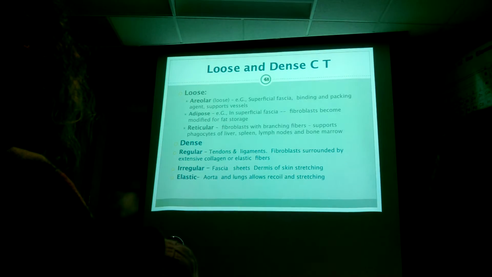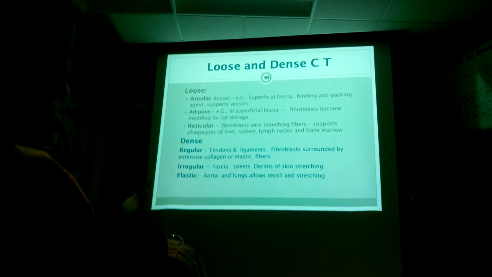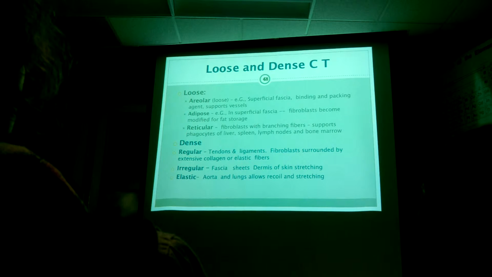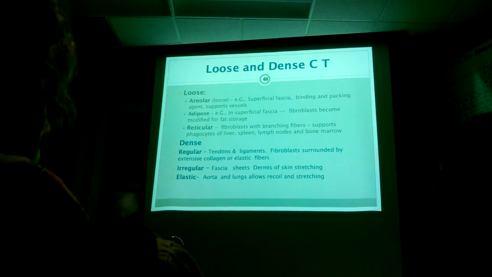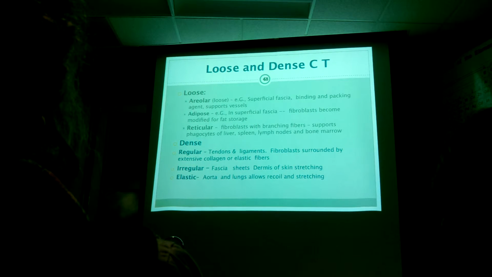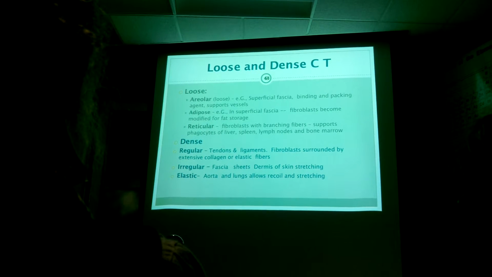So now when we move into dense connective tissue, we're going to have three types: regular, irregular, and elastic. Regular would have a lot of extensive collagen and elastic fibers, looking very regular in configuration, like this. You might find it in the tendons and ligaments.